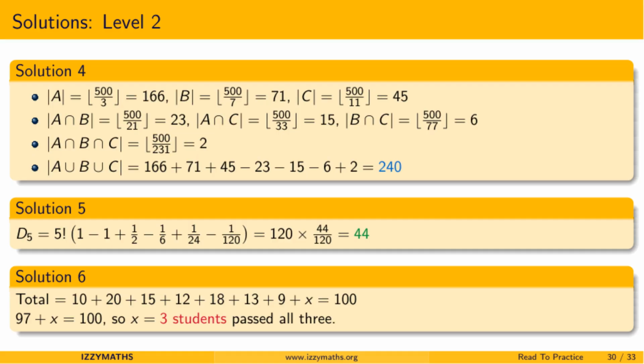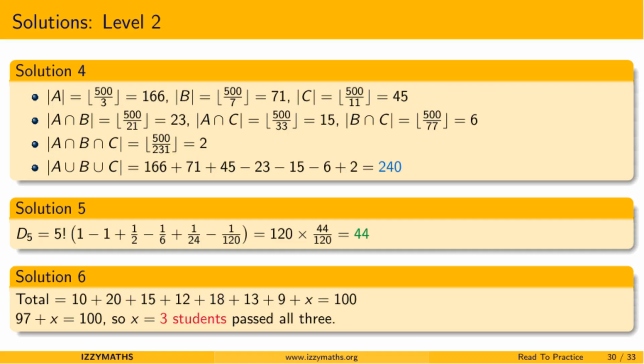The pairwise intersections are: the absolute value of A intersection B equals 23. The absolute value of A intersection C equals 15. The absolute value of B intersection C equals 6. The triple intersection gives us 2.